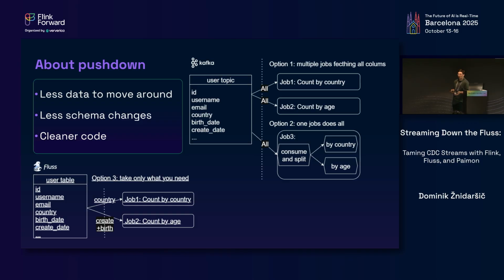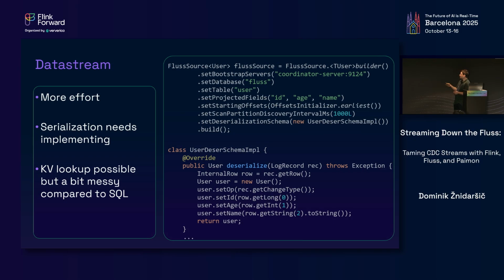So splitting it again is a great option if you have a nice layer that can connect them. And Kafka might not be the best layer because you have a lot of data duplication or excess data that you don't need. So pushdown is a way that you can specify, like we did here with projection fields.